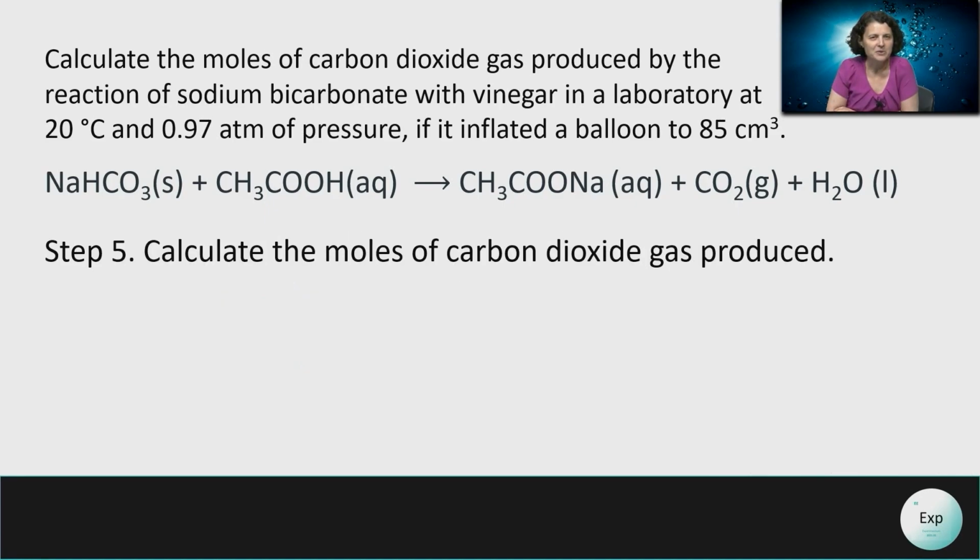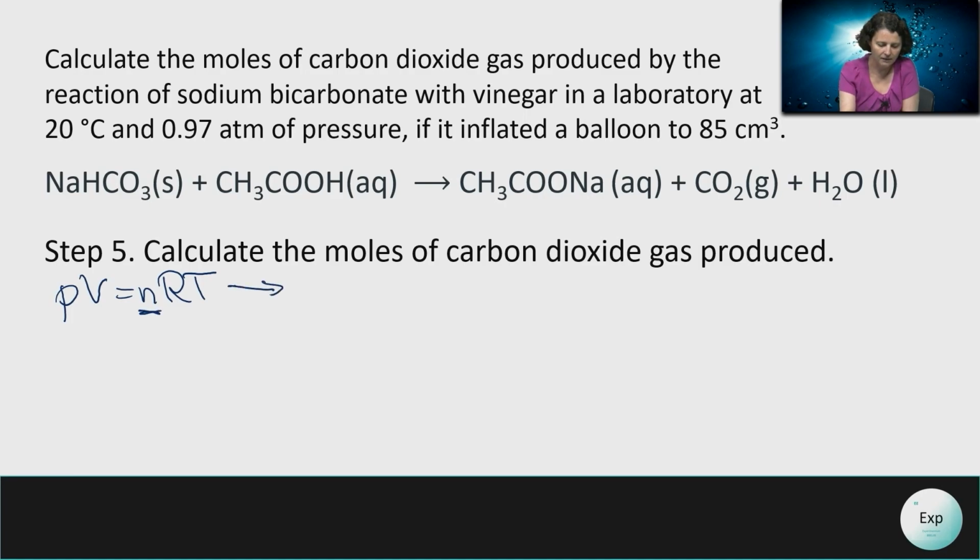Finally, we're almost ready to plug in everything into our calculation. We need to find the moles of carbon dioxide. If we know the pressure, the volume, the temperature, and the gas constant, then determining the moles of carbon dioxide should be fairly straightforward. We have the PV equals nRT expression.